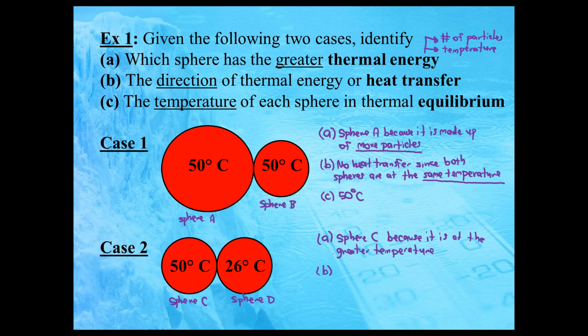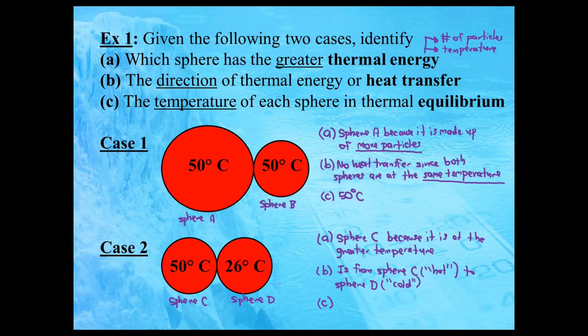Sphere C. Therefore, we could say the direction of thermal energy transfer is from sphere C, which is, I'll put quote, unquote, the hot object, to sphere D, which is my cold object.